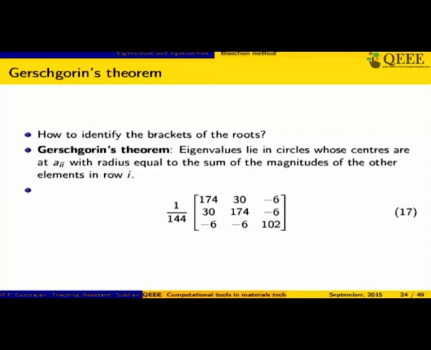You see that Gershgorin's theorem can help, but sometimes it gives you the same information. About 1.208, for example, somebody has given a radius of 0.25 or something, but it is 180, 210 by 144.